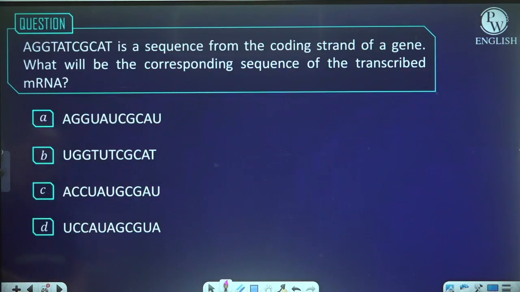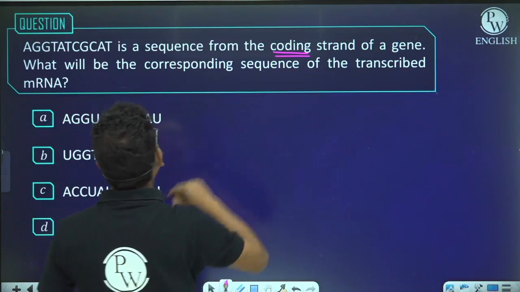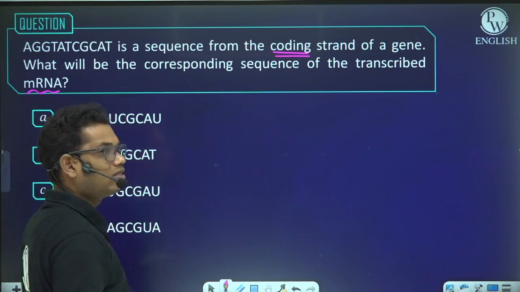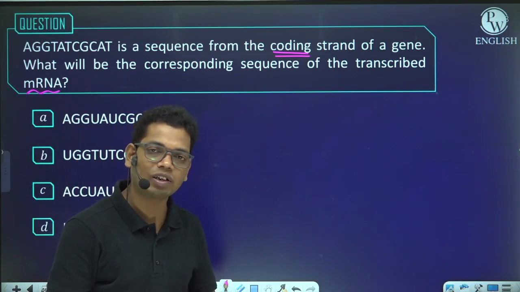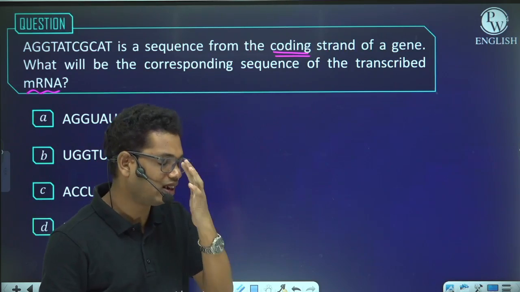Next. The sequence of the coding strand is given, and it is asked what will be the sequence of mRNA. Remember one thing: the sequence of mRNA and the sequence of the coding strand are similar, except that in DNA it will be thymine and in RNA it will be uracil.